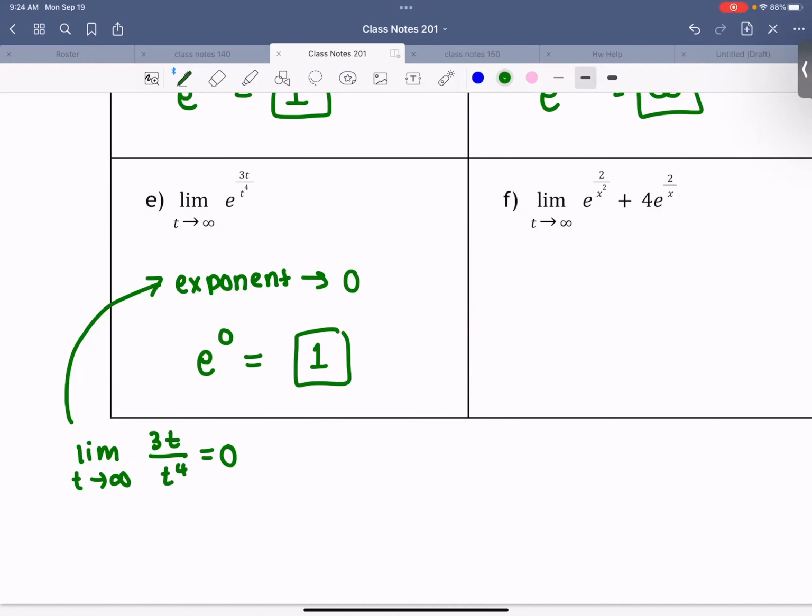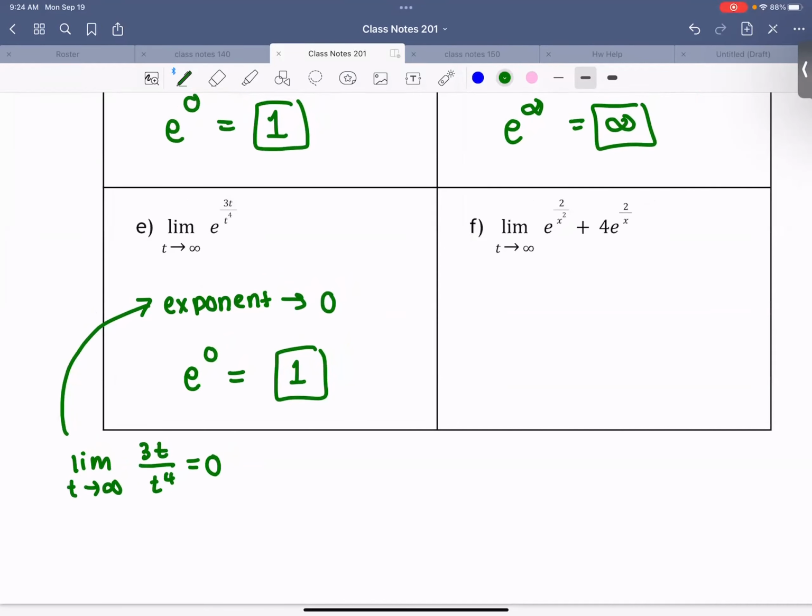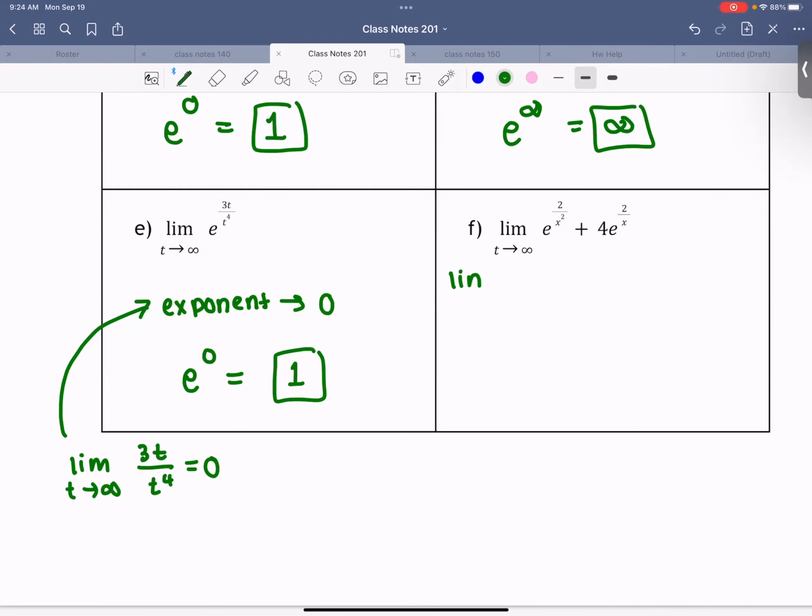Okay, part F looks a little bit weird. The reason I put it here is because you might see this in the future when we're dealing with more complicated sort of things. Whenever we have a limit of 2 functions being added together, we can always break it apart, right? So I can always split this limit into the addition of 2 different functions, right?